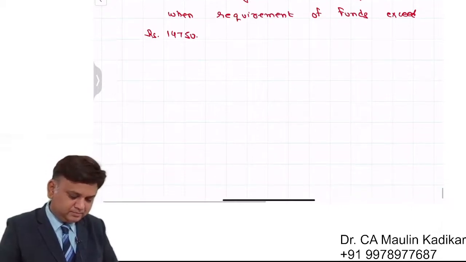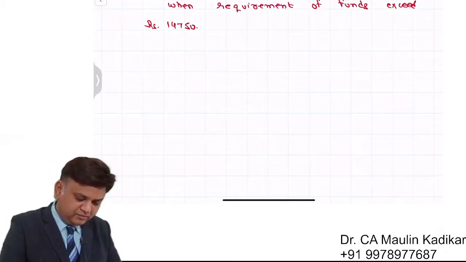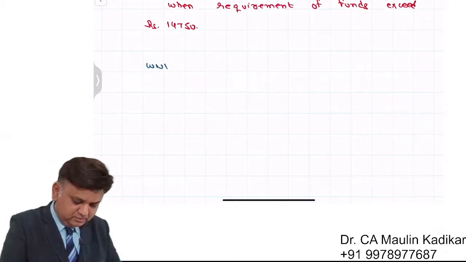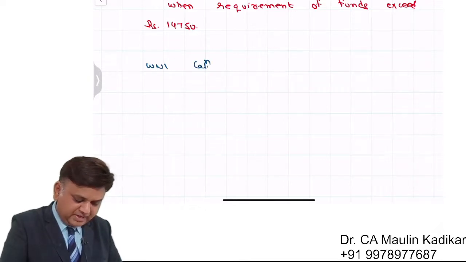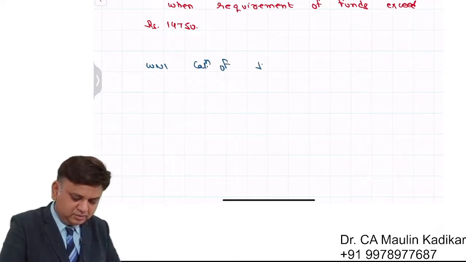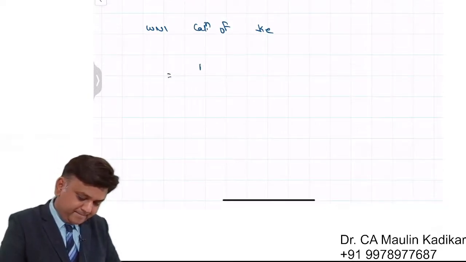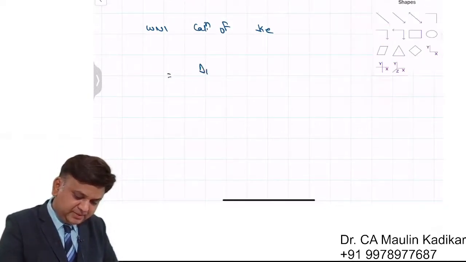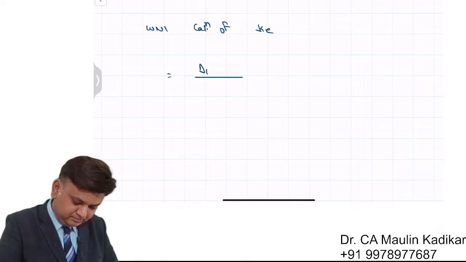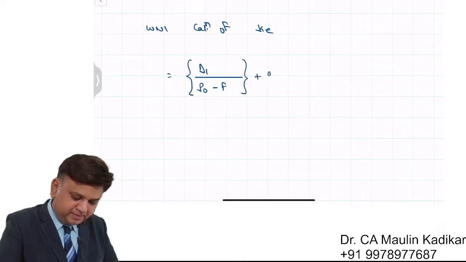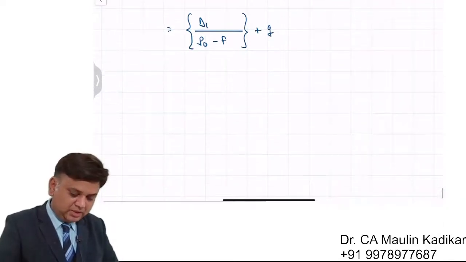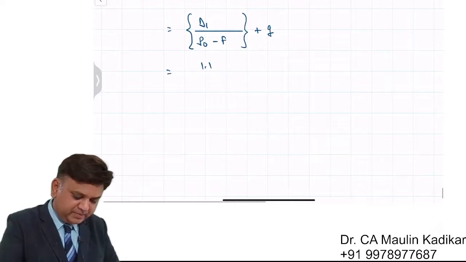Full stop. In that we will write working note number 1, calculation of cost of equity. It is D1 upon P0 minus flotation cost plus growth rate. D1 value is 1 rupee 18 paise.